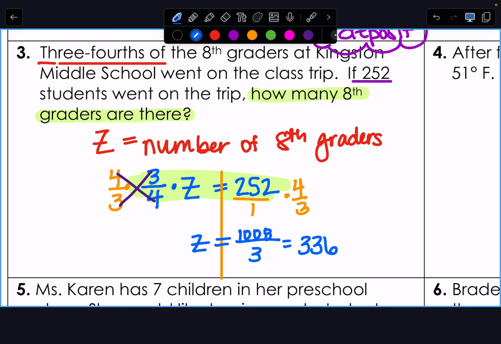There are 336 8th graders, but only 252 of them went on the class trip. That makes sense. Not everybody's going to go. So 336, what does that represent? It represents the number of 8th graders.